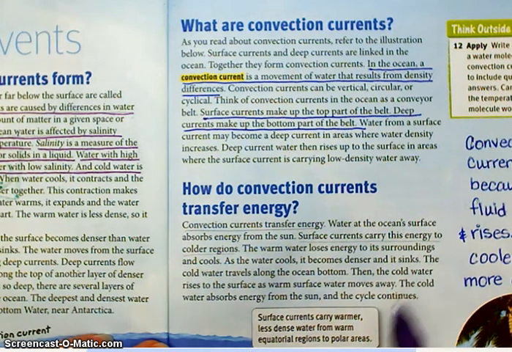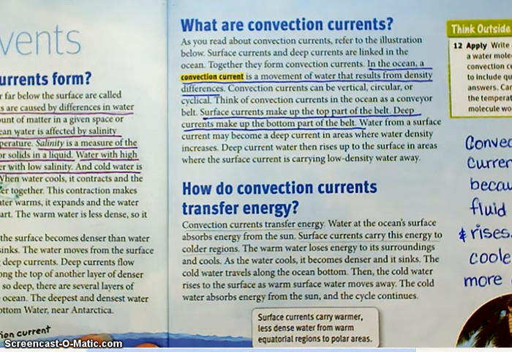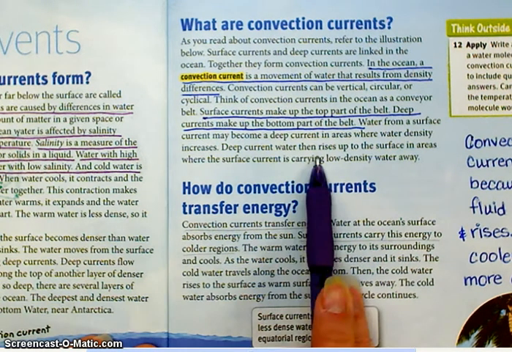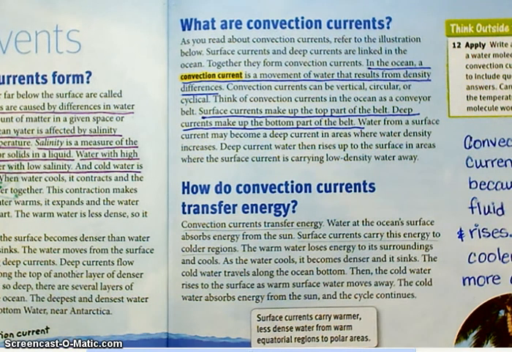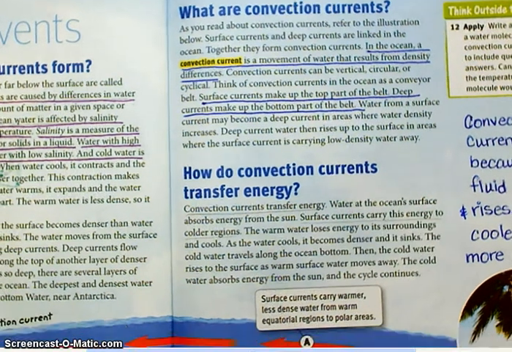So water from surface currents may become deep currents in areas where the water density increases. So water that was part of a surface current may cool, become more dense, and sink to become part of a deep current. Okay? Water that's in a deep current may warm and rise to the surface to become part of a surface current. So it all circulates.